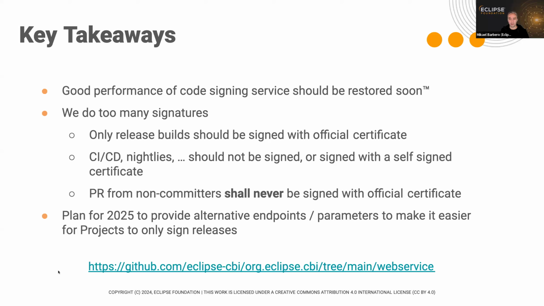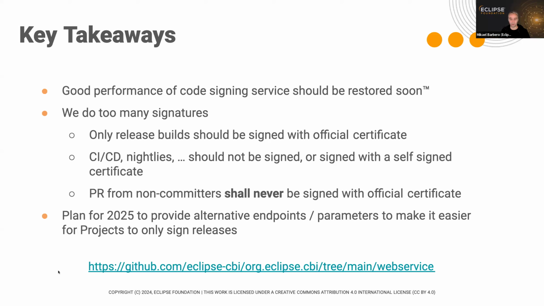When the CI build comes from sources that have been verified by committers, that should be okay, even though we could argue about that. But for PRs coming from non-committers that are automatically triggered and signed with those official certificates, it could lead to very bad vulnerabilities.